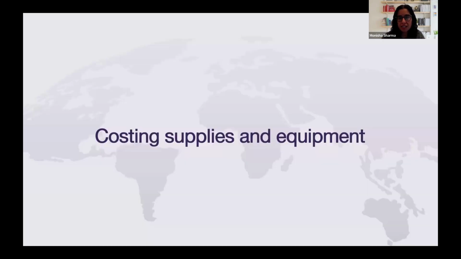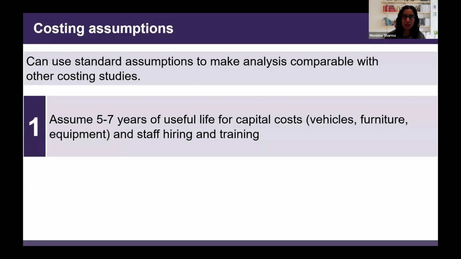So in terms of costing supplies and equipment, it helps to have standard assumptions in collecting and reporting this information. And these may not apply as much because it's for economic evaluations, but if you buy a computer or a vehicle, we often use standard assumptions that you can use these for 5 to 7 years before you would have to buy a new one.